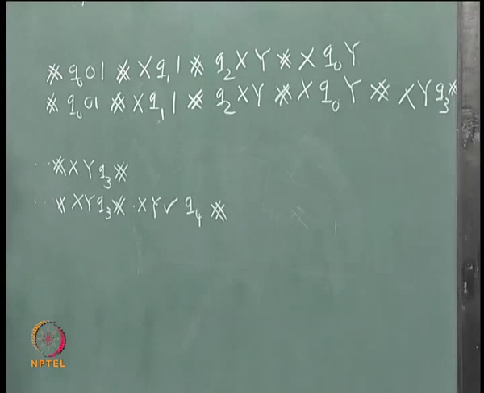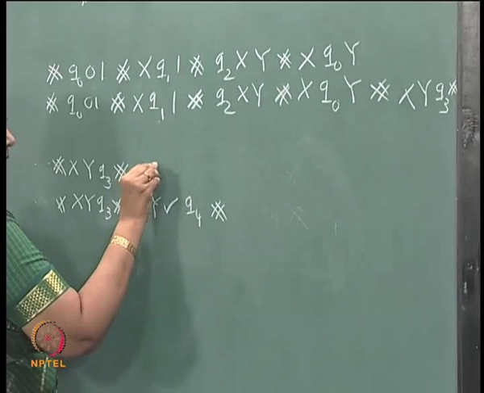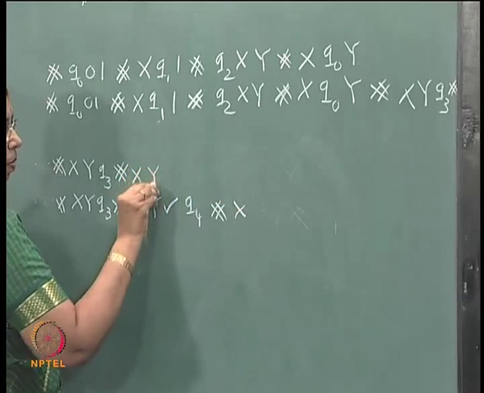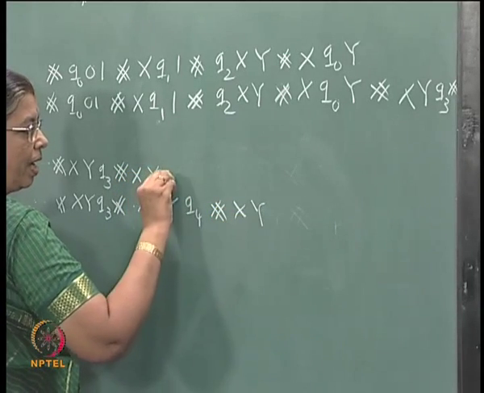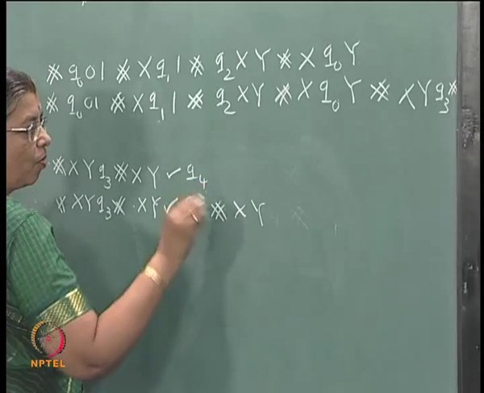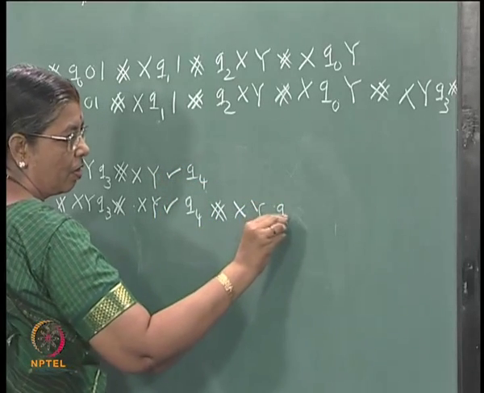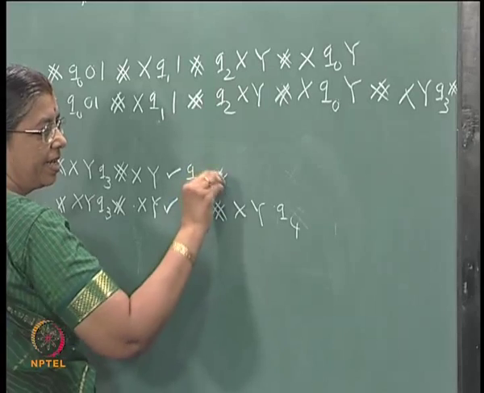Now, you have reached the final ID, you have to start consuming the symbols. So, x, y, tick, Q4, just Q4, hash.